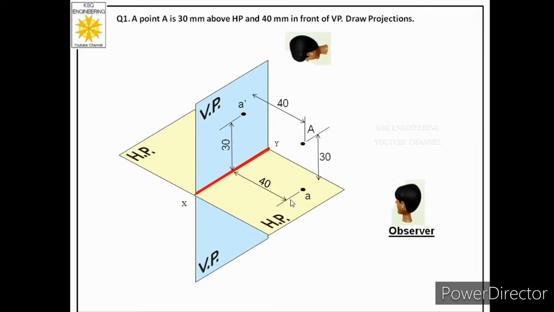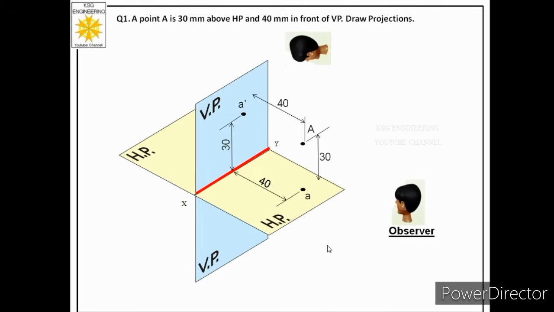So over here we have to conclude that if we are given a statement in which we have to draw projections of a point, and if we are given the distance of point from HP, we have to plot that distance on VP, and if we are given distance of point from VP, we have to plot that distance on HP.